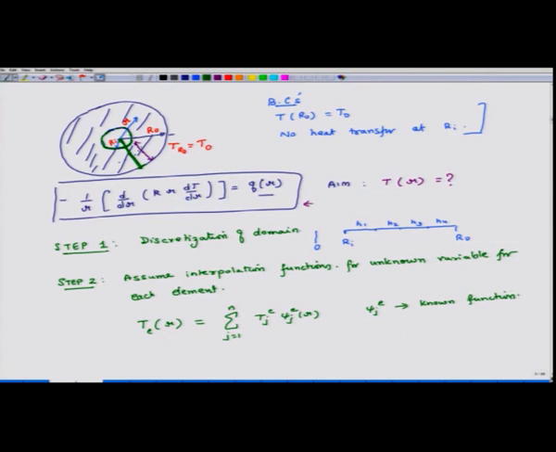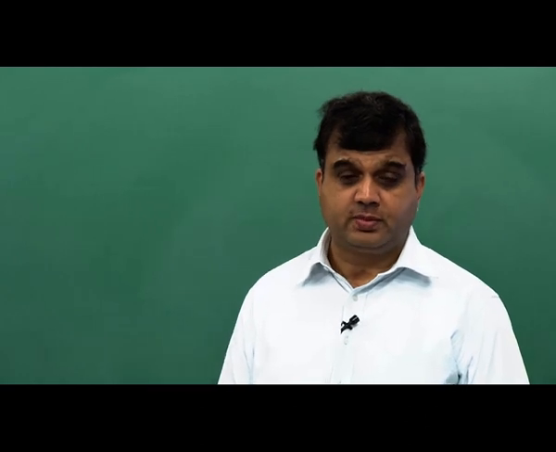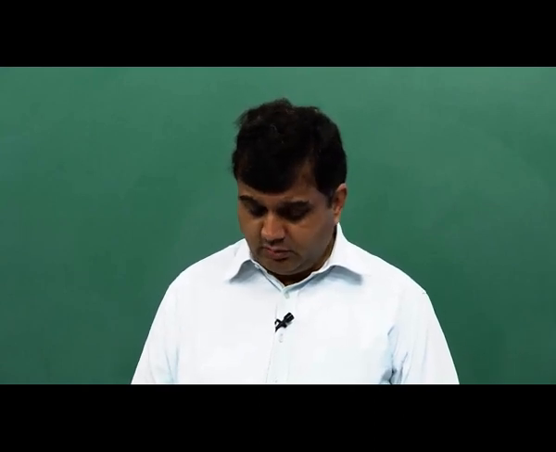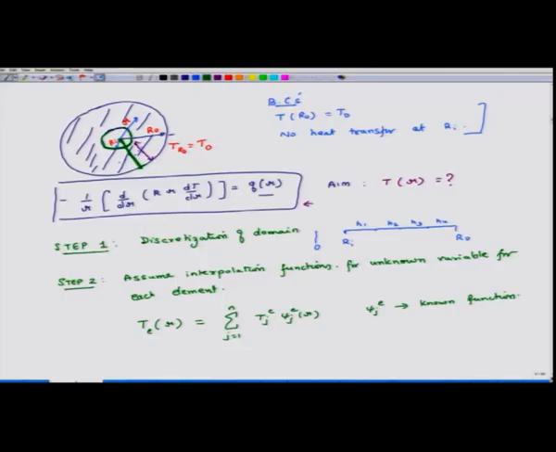An example of this function could be 1, a constant. So, psi j is a known function. Another example could be a plus bx, a known function, but here a and b are unknown constants. So, this is a known function and Tj e are unknown constants.